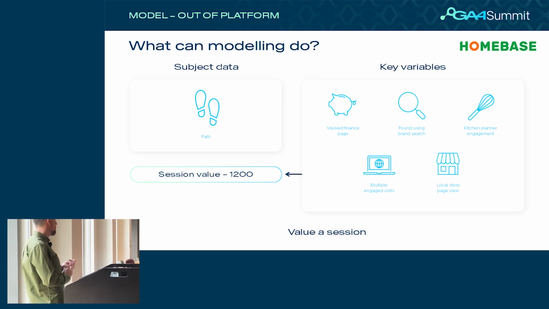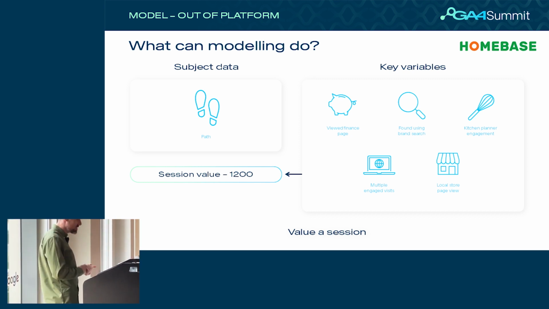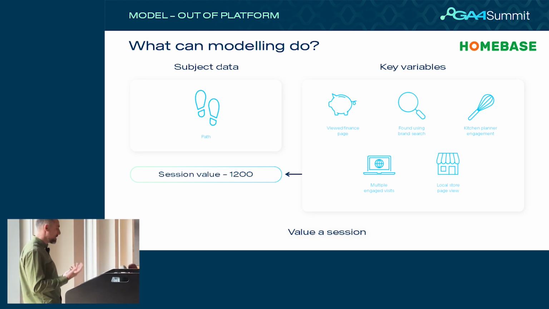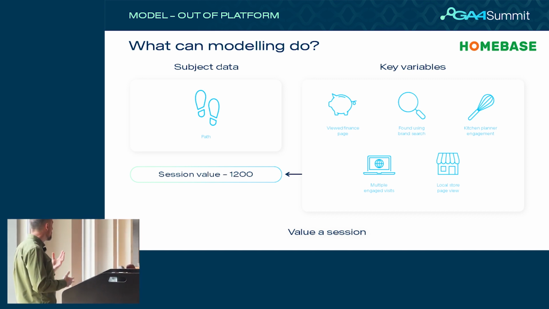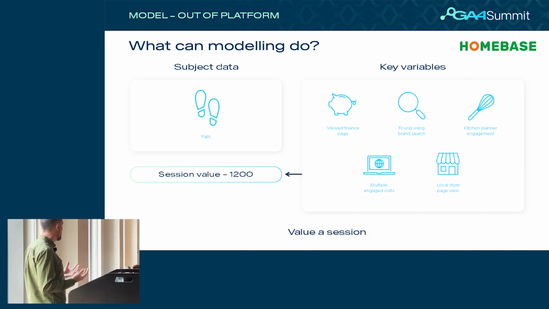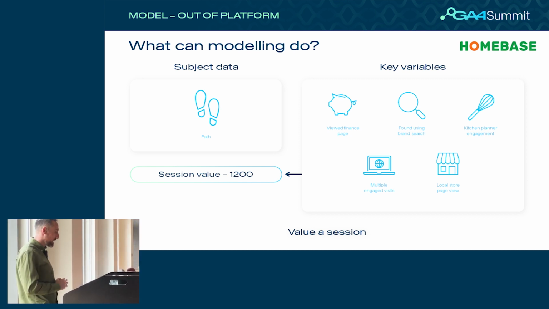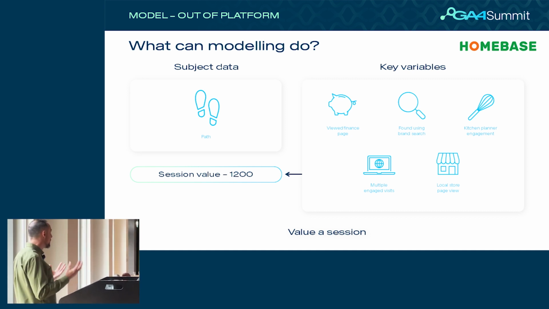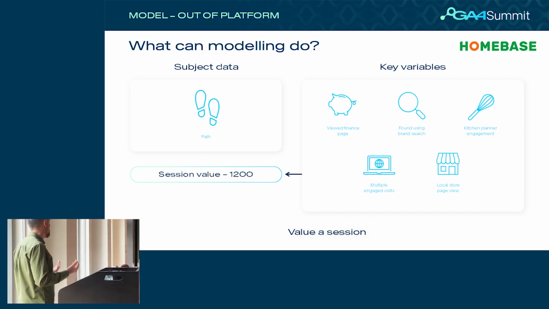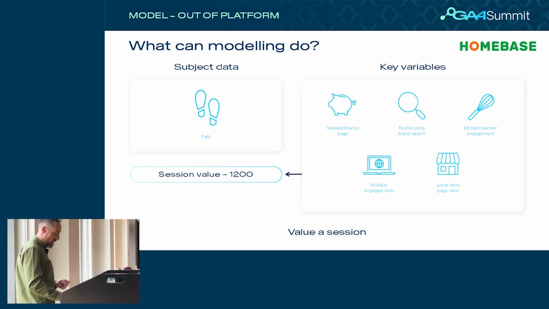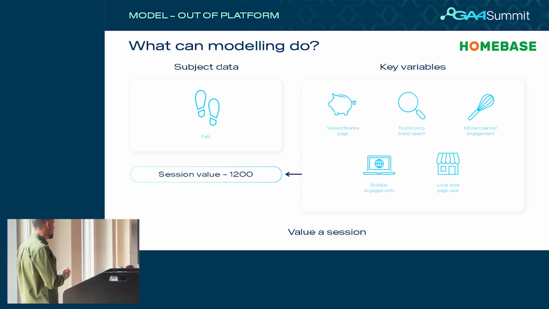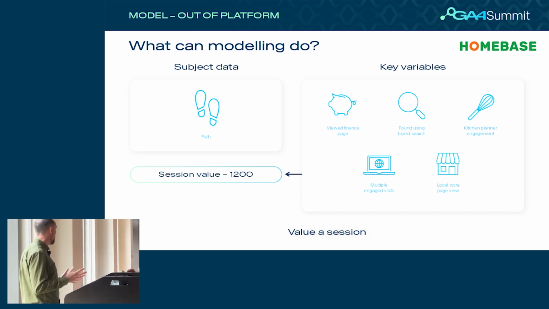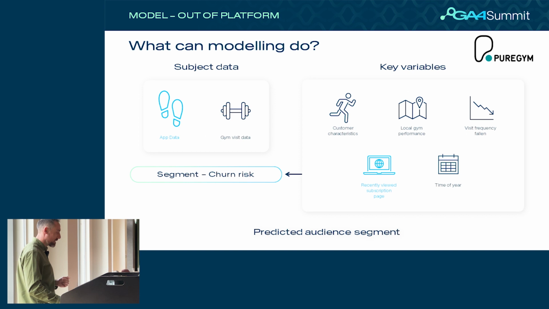If this user engaged with the finance page, interacted with the kitchen planner, maybe they found the site using a brand search query, and then had multiple engagements, not just a single visit, that could all indicate value, as well as their proximity to a physical home-based store. So again, that might mean that we put a higher value on that particular user or that session, and we can optimize to that later on.